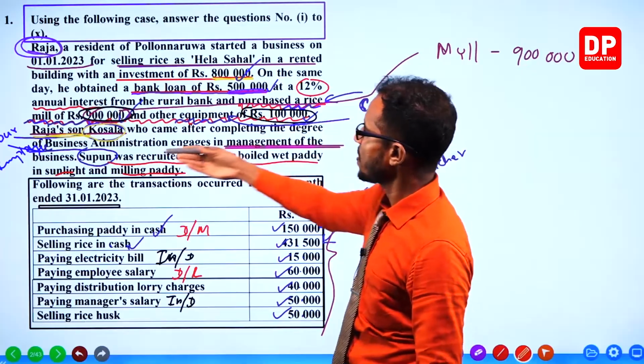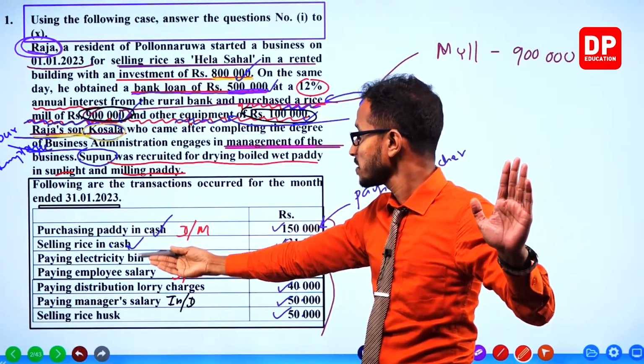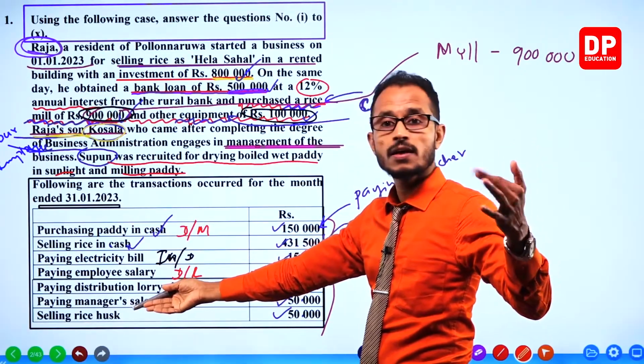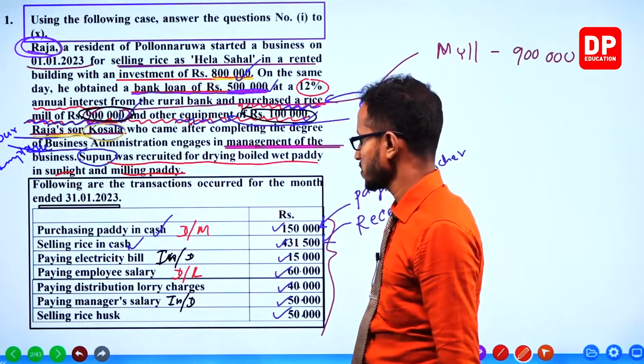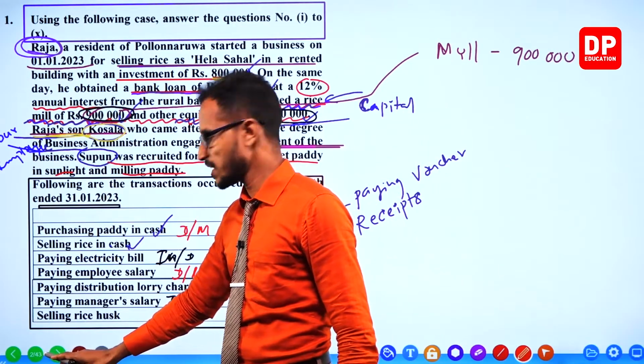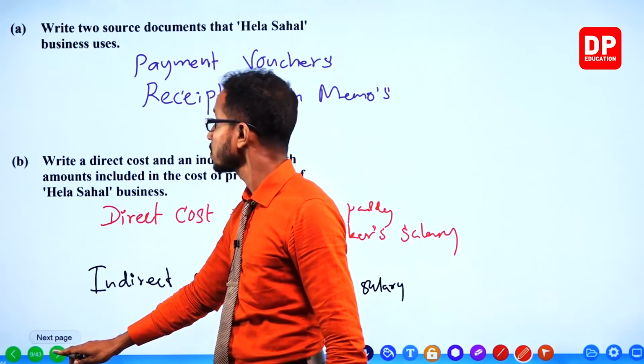There is no other mention of assets because these are all buying and selling of paddy and selling of rice. Cash transactions we already took in the cash book.